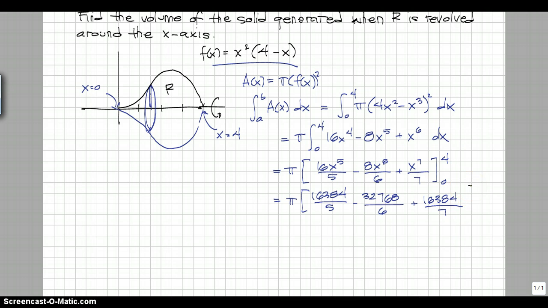And we're subtracting from these values the values that we would get when plugging in 0, but since all of those are 0, we won't need to write them here, and we'll continue to evaluate this problem by giving common denominators and making it so that we can simplify these fractions.